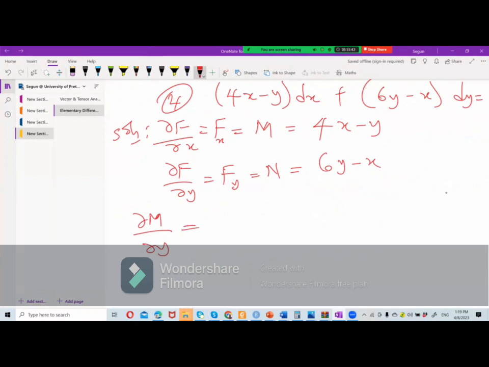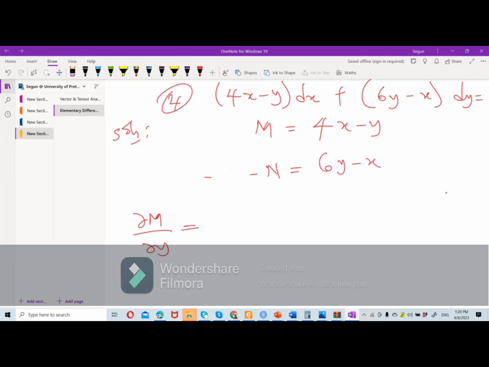Or better still, don't be confused. Let me just remove this one so that you will be on the same page. So let's just leave it this way. What is our m? My m is equals to this. My n is equals to this. Let's get it right from there.